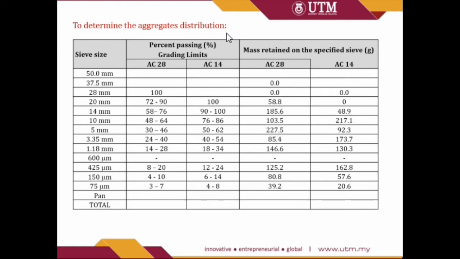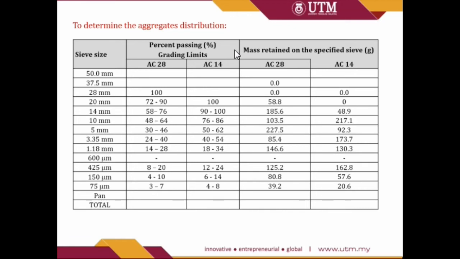Next, we need to determine the aggregate distribution. From the table, you can see the result of sieve analysis for aggregate recovered from the mix used for AC14 and AC28, which is referred to as mass retained.